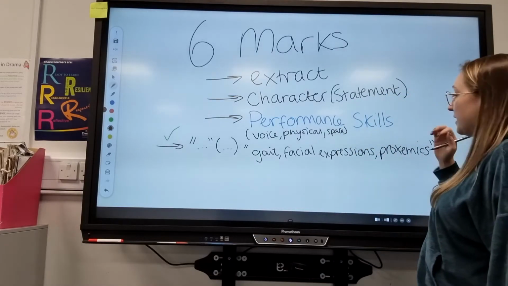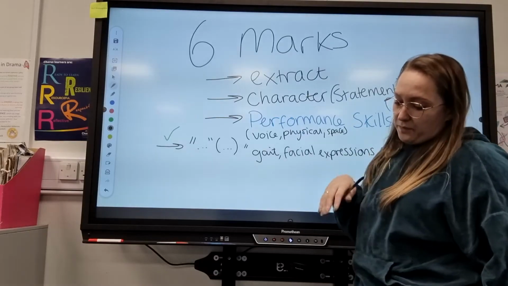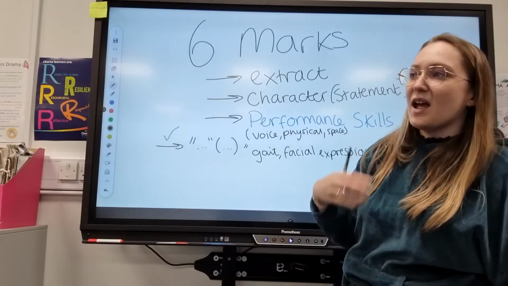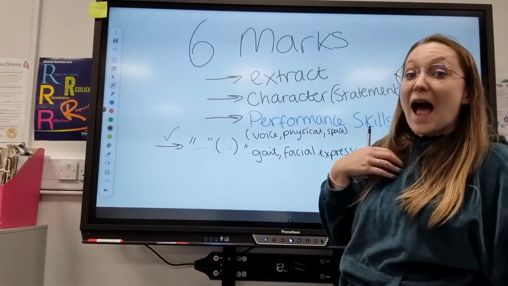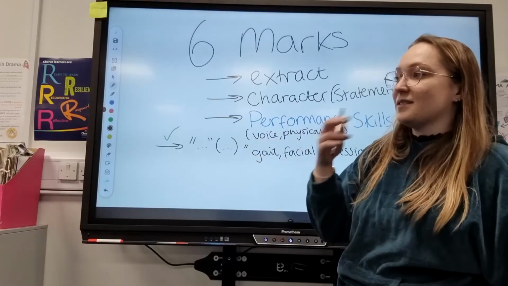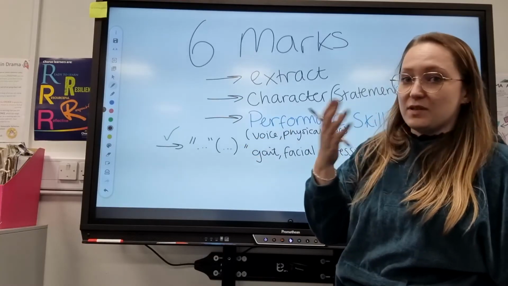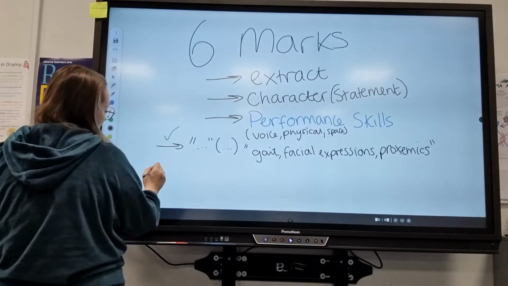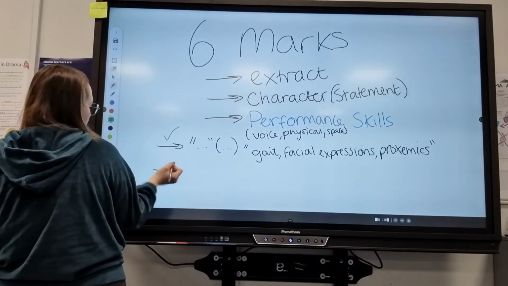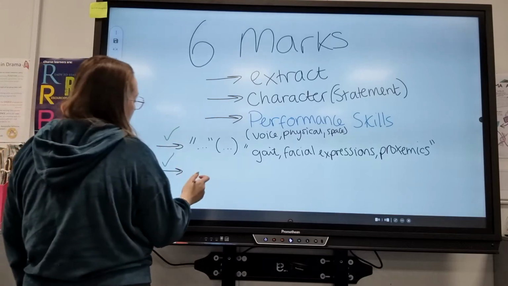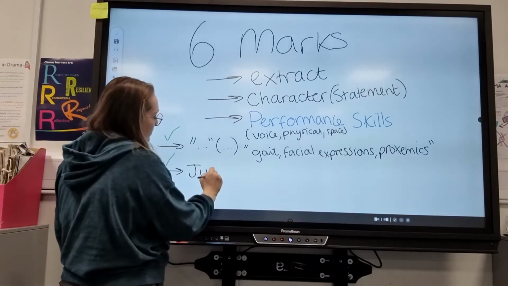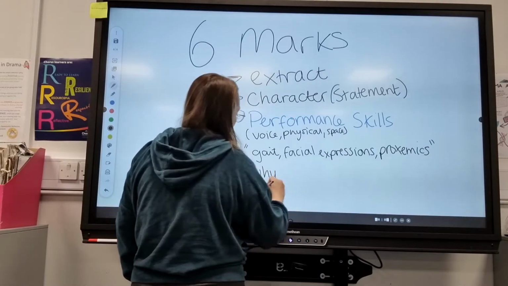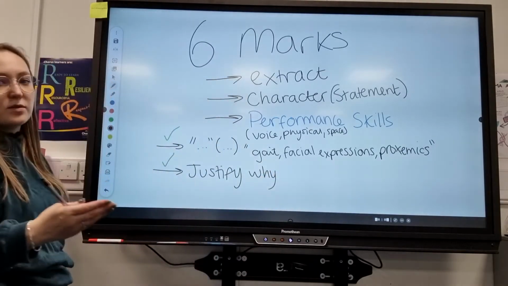So something like saying, well, it's the same as the 4 marker, saying like, I would use this vocal skill, I would use this physical skill. To get your next mark, exactly the same as before, we justify. So we're saying we would use that to show.